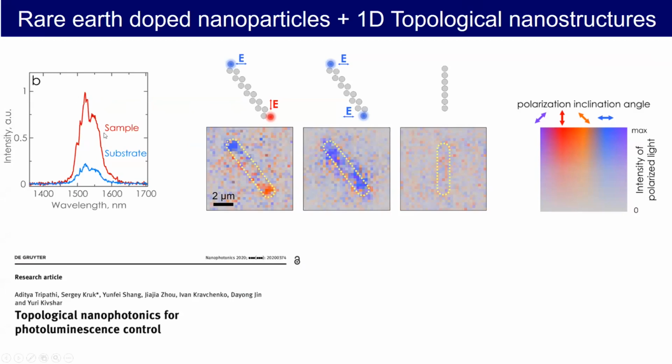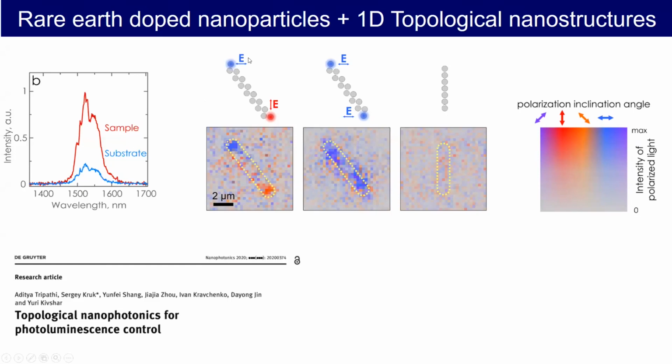We also analyzed the polarization from this coupling, and we found that at the edges of the topological chain, the polarization of emission from the rare earth doped nanoparticles was controlled.